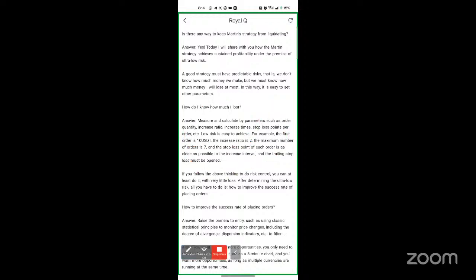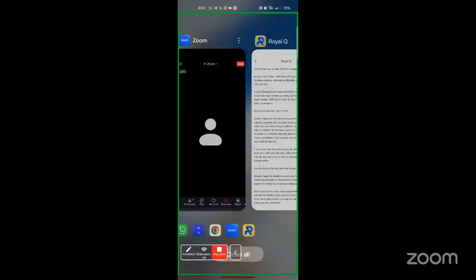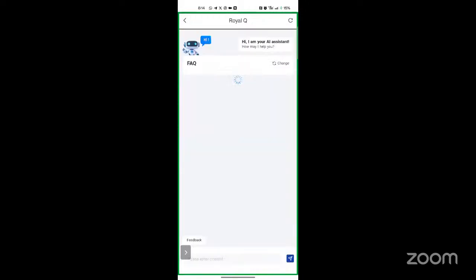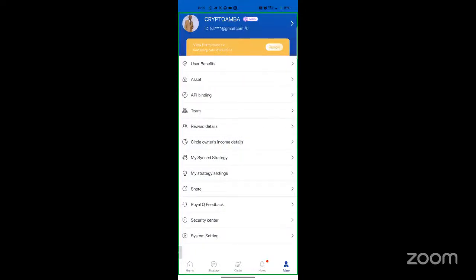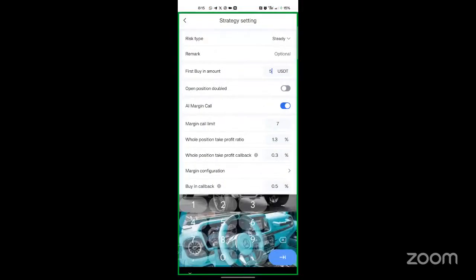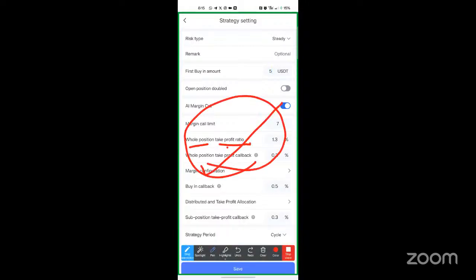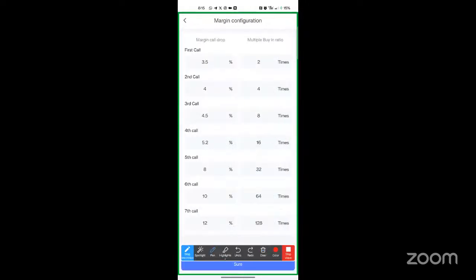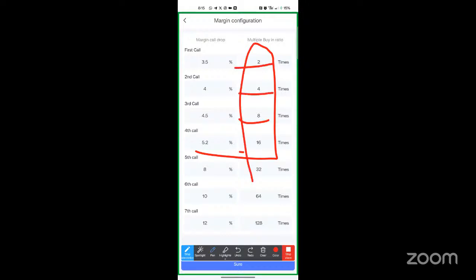So that's why when you are setting your robot here, no matter your capital, when you are creating your personal strategy here, even if I make my first buying amount 5, before I calculate the number of margin calls I want to create here, I will always make sure that my first 4 margin calls are seated on a strategy of 2, 4, 8, 16.